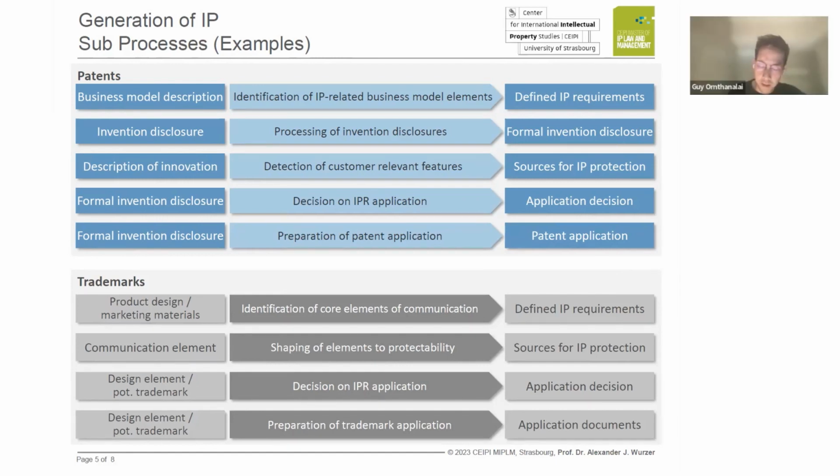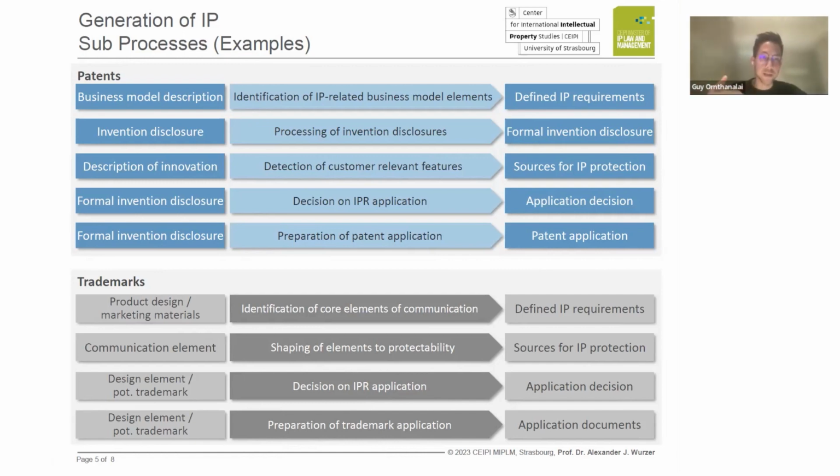So I find this slide quite similar to what Bill mentioned in the third slide. It's about the sub-processes of the generation of IP, looking at the input, process, and output point of view. For these examples, we look at the patents and also the trademarks. Based on the input, here we have, for example, a business model description.